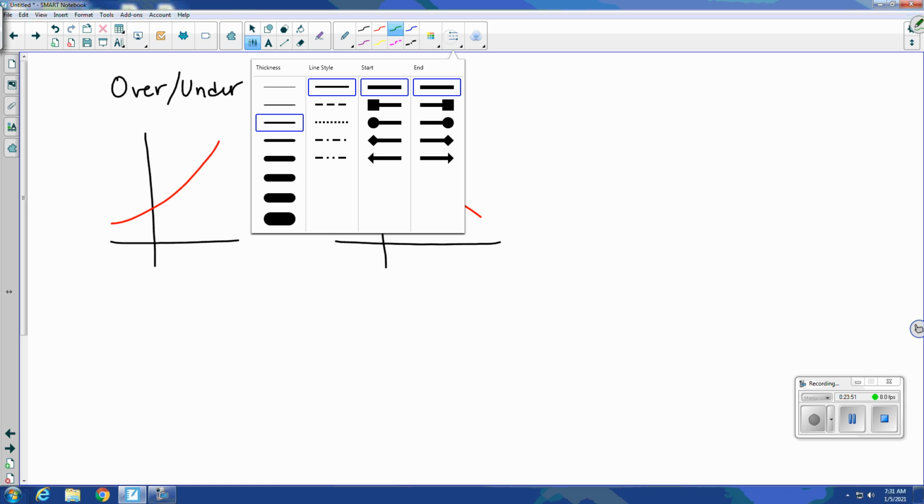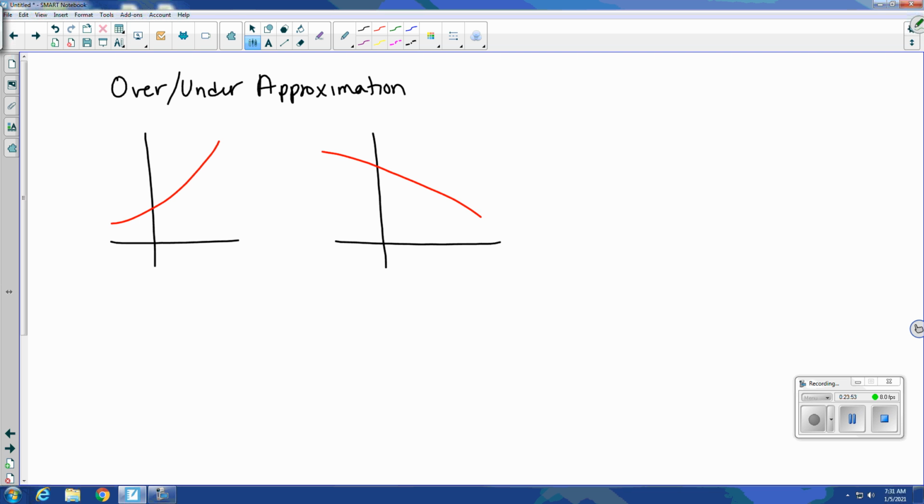If the function is increasing, then LRAM will be an under approximation. So we can see, for example, that for an increasing function, those LRAM rectangles, you see there's the gap below, so this is an under approximation. We're going to say LRAM under approximation.